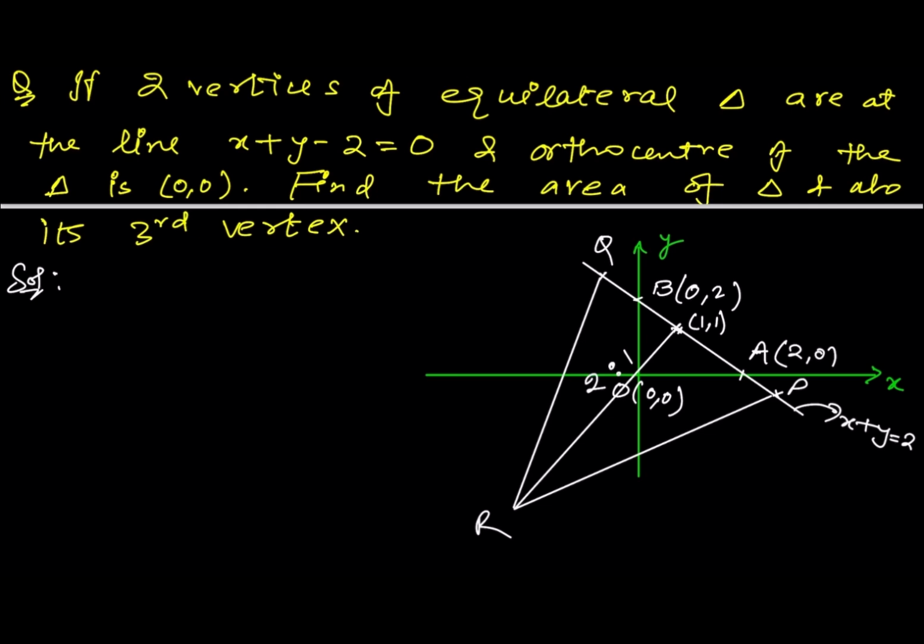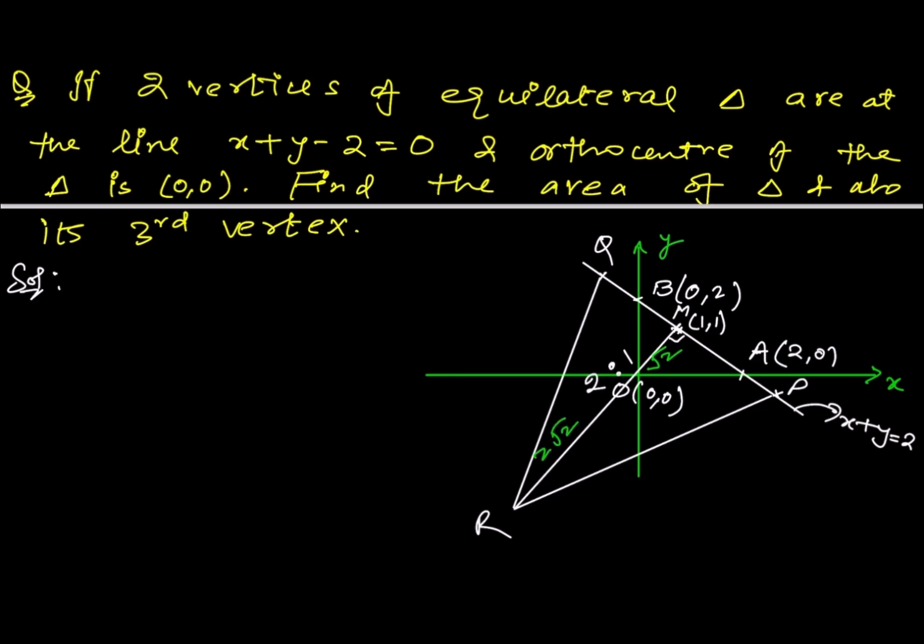Say I mark the midpoint of PQ as M, which is the foot of the perpendicular OM. So using the distance formula, OM is root 2. As O is also the centroid, it divides RM in the ratio 2:1. So I can write RO as well, which is 2 root 2.